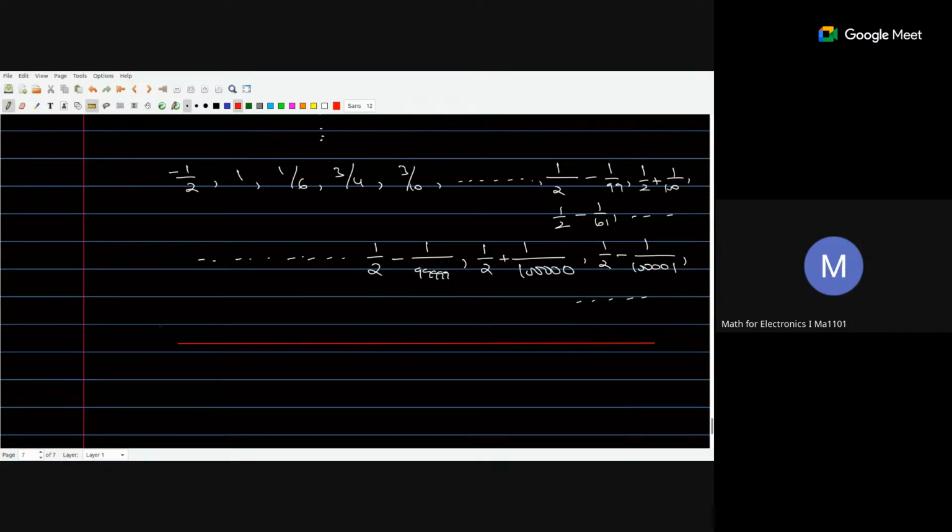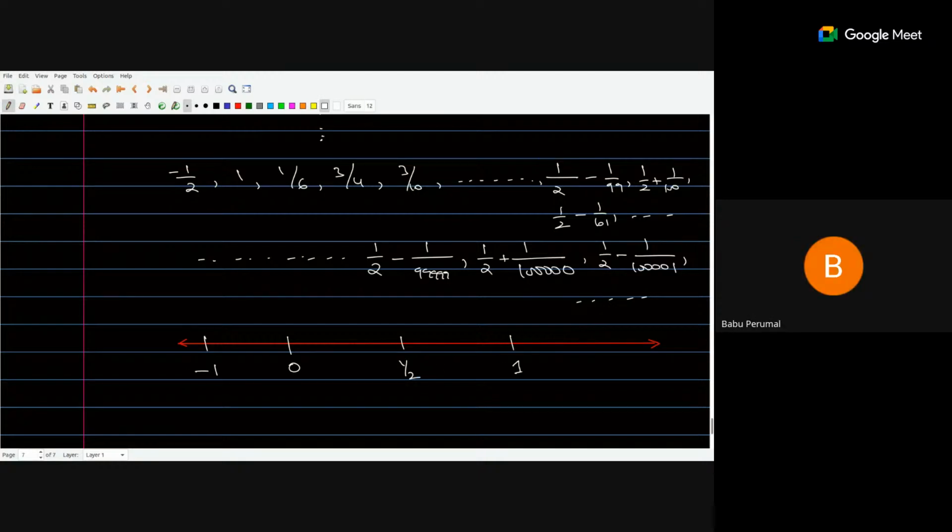So you slowly plot your a1, a2, a3 and so on on the number line. So let me say this is 0, or maybe I'll take 0 slightly here. This is minus 1. This is 1. Maybe half I will take.